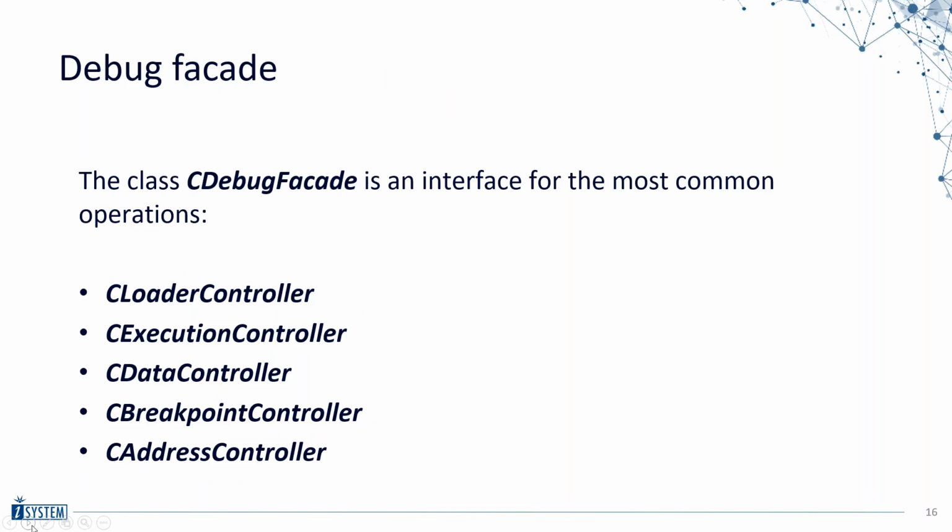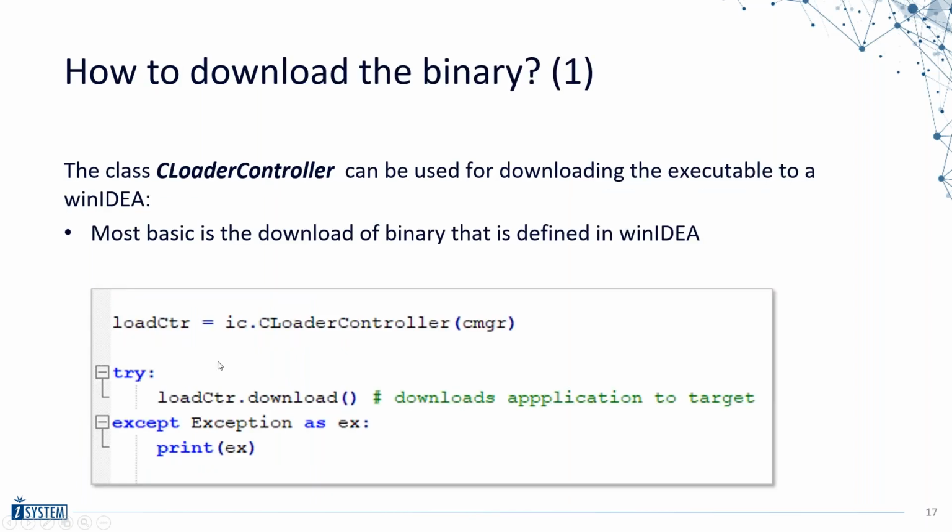The next control that is very important is the so-called debug facade. The debug facade contains the functionality of the loader controller, which is flashing, the execution controller, data controller, breakpoint controller, and address controller. Okay, the loader controller, this was functionality I explained before.